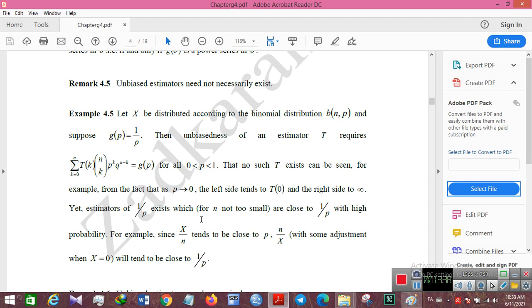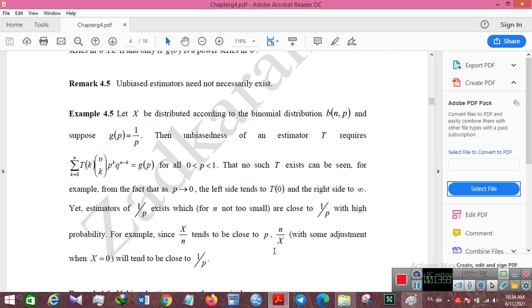However, we can find some estimators which are close to 1 over p, because the expectation of X over n is p, so X over n is the unbiased estimator of p.